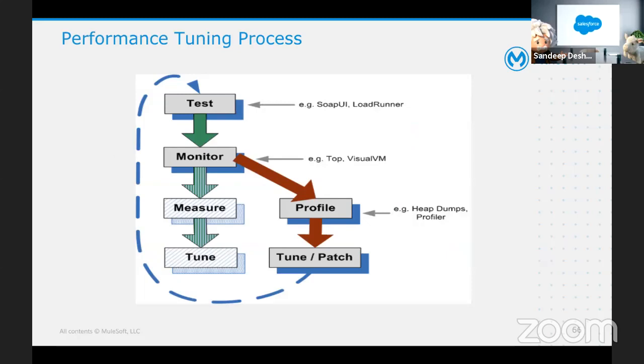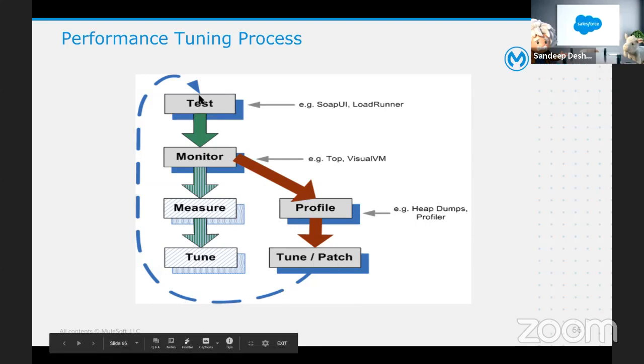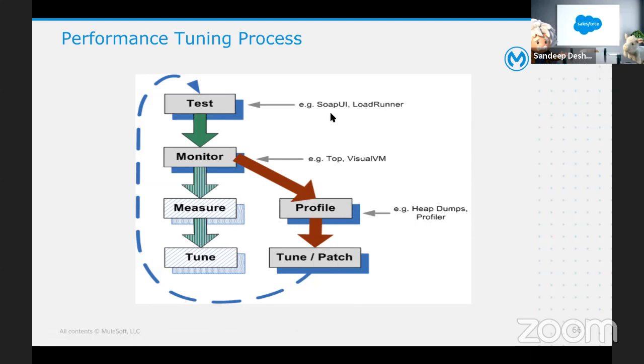Again, the performance tuning process: you profile your applications, tune and patch, and keep on testing the same thing. Just to highlight this image, we usually use testing tools such as SoapUI, LoadRunner, or JMeter. In monitoring, we have VisualVM, so on-prem customers have the capability to activate VisualVM.